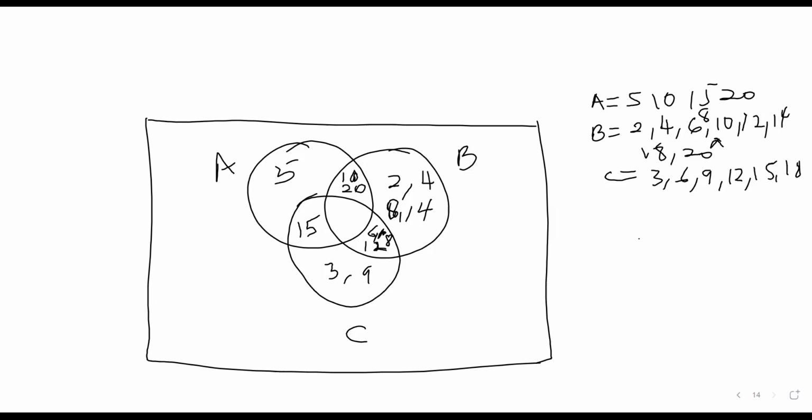So the universal set has 1 to 20. We are looking for those that are not filled from the universal set. 1 is not yet here, isn't it? 2 is there, 3 is there, 4 is there, 5 is there, 6, 7 there. 1 to 20, we are looking for the elements that are not there.